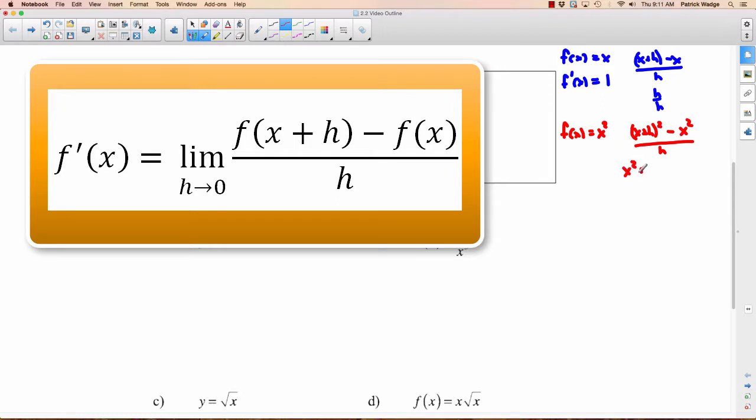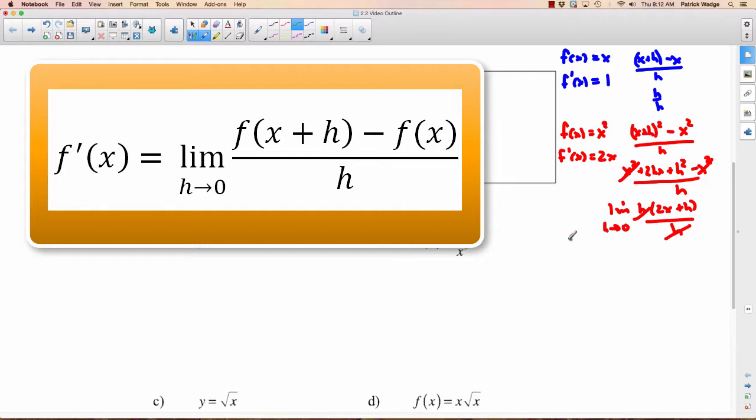So we have x squared plus 2hx plus h squared minus x squared all over h. We can cancel this and this, and factor out an h, so we have h times 2x plus h over h. The h's cancel, and remember our limit is as h approaches 0. So we plug 0 in here, and all you get is 2x. So f prime of x in this case is 2x.